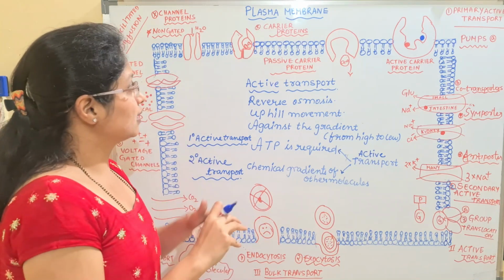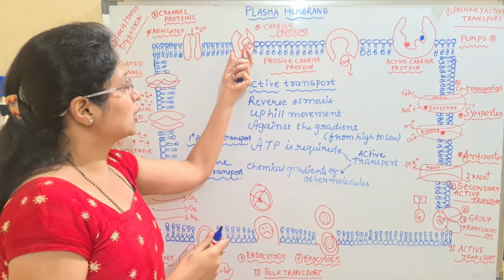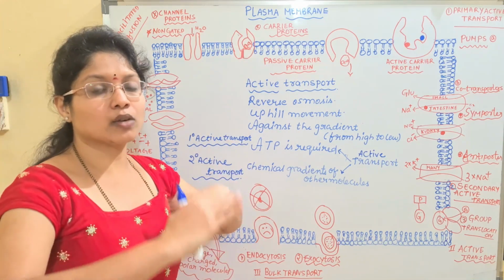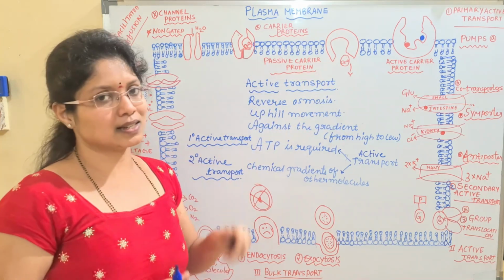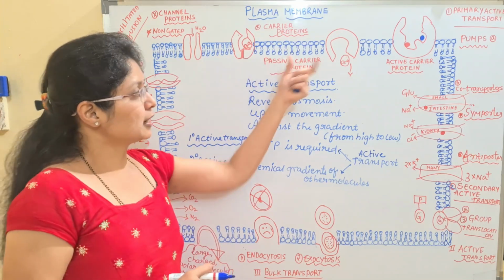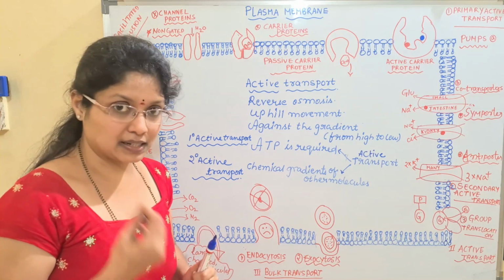In the same manner, the carrier protein will have a similar structure like that. So one molecule will be present above. When it is attached to it, later it will change its conformation and it is released inside the cell cytoplasm that we have discussed before. So in this carrier protein, the conformational changes are mainly present.